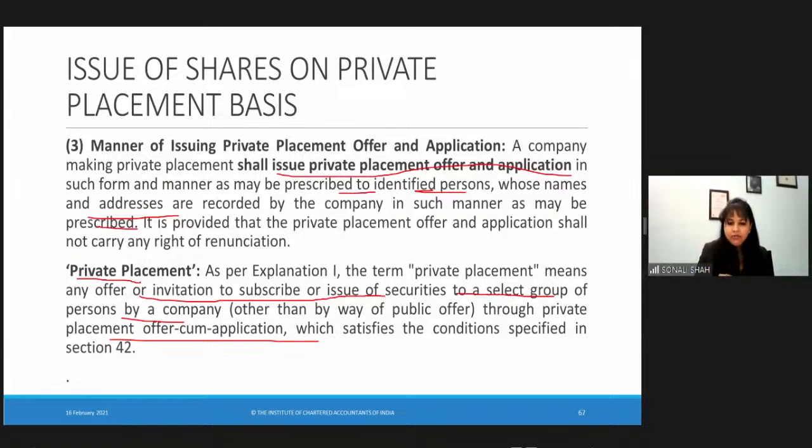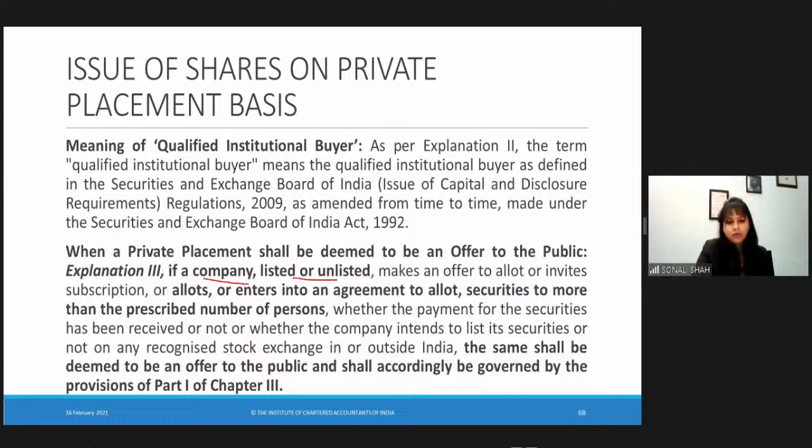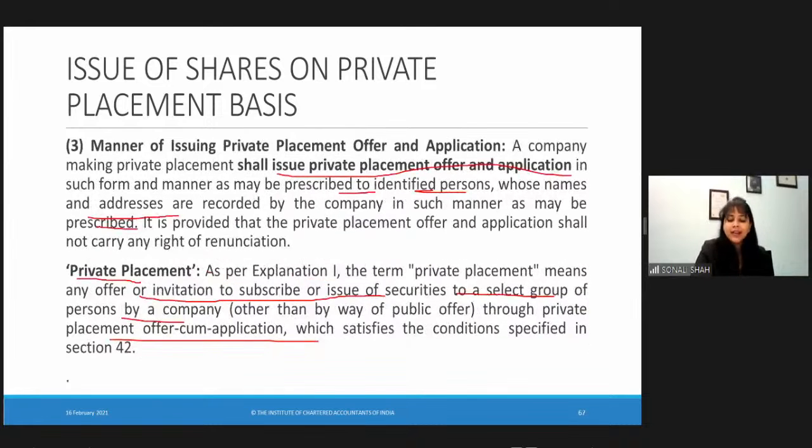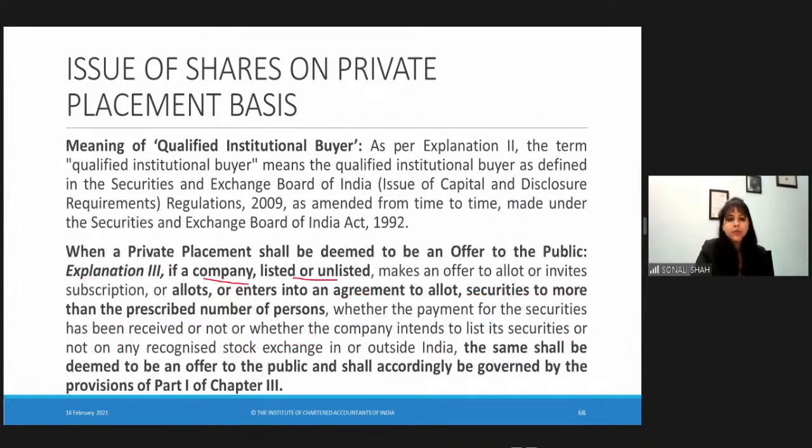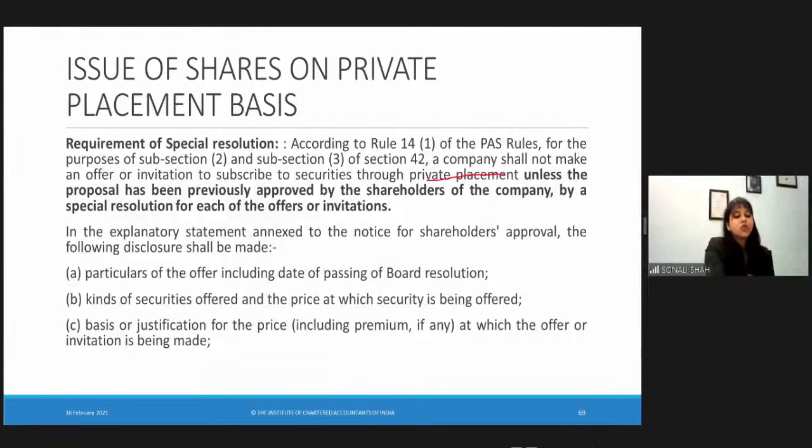Point number 3, how the private placement is made. People are identified, application in form PAS-4 is made, and those forms are issued to the selected individuals whose list and details are maintained, right? Now, whenever a company wants to make an offer for private placement, they need to pass a special resolution.